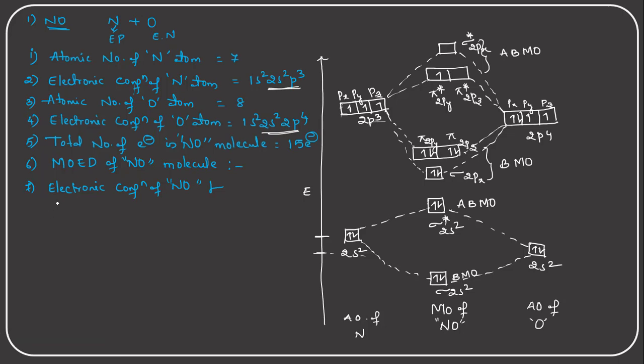In ascending order, so that it starts with the least energy level, which will be the sigma 2s2, which is less energy than sigma star 2s2. It is less energy than sigma 2px, and how many electrons is it having? 2 electrons, here also 2 electrons, here also 2 electrons, and here 1 electron.